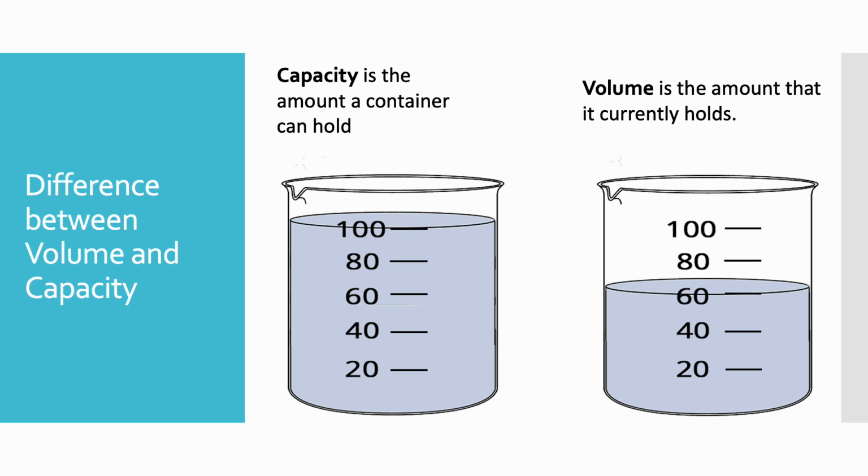And on the right side, we are seeing volume. It's the actual amount of space occupied by something. In this case, the liquid inside the beaker. It is the amount that it currently holds. So beaker is only filled up to 60 milliliters. So volume of liquid is 60 milliliters. So in simple words, capacity is about the container, how much it can hold.